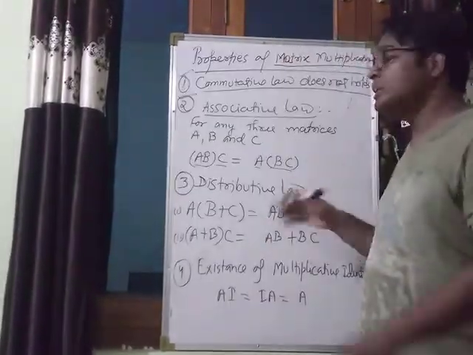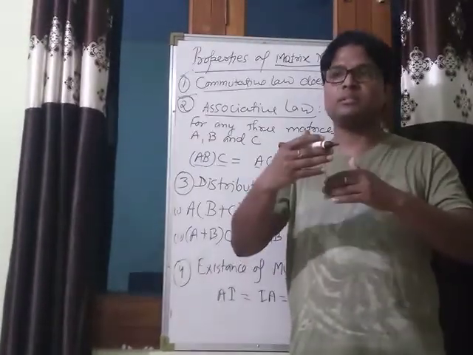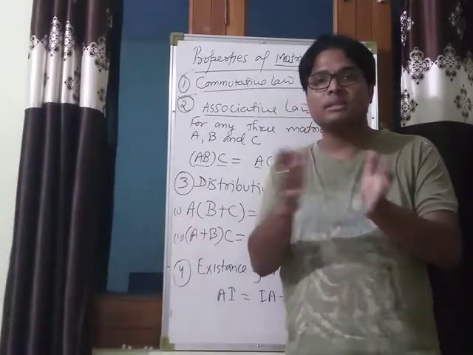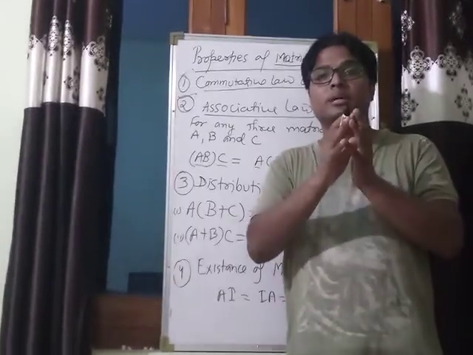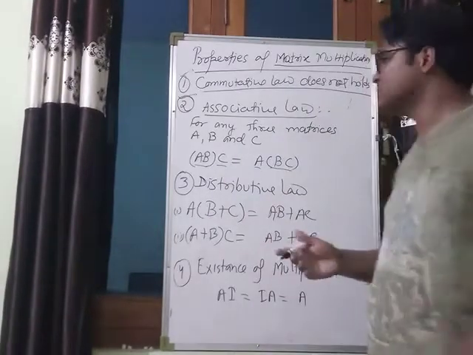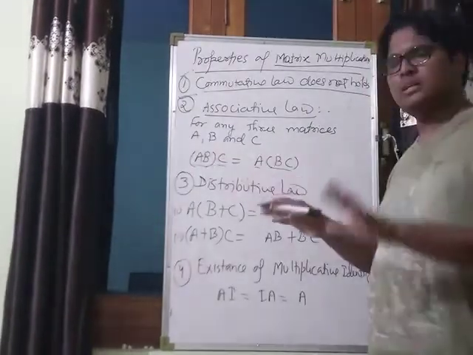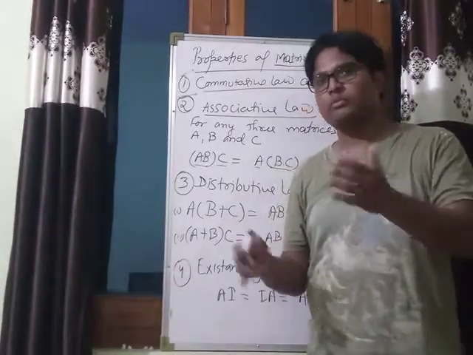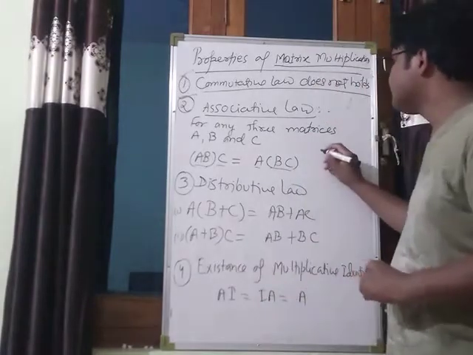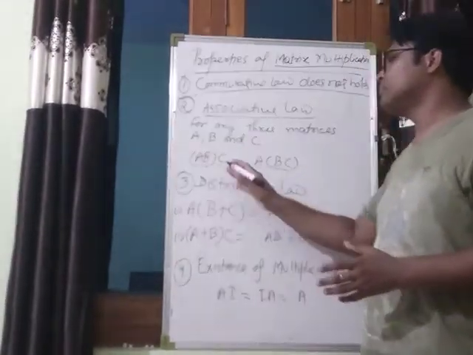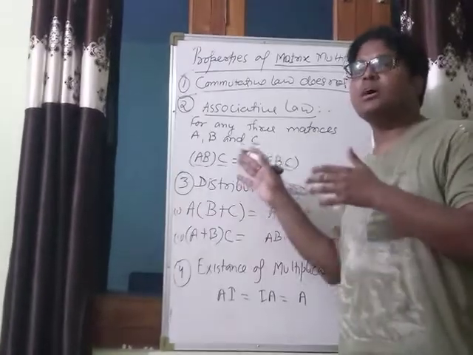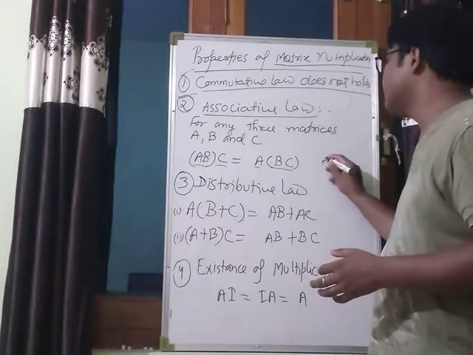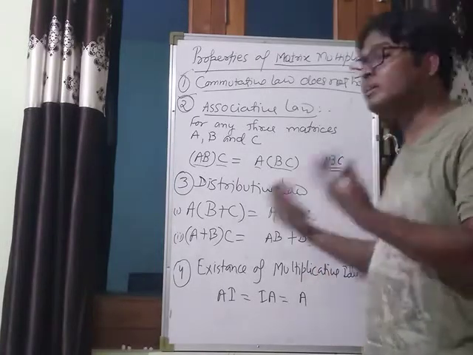Means if three matrices A, B, C have orders such that their product exists, then the associative law holds. I will give you some examples for verification of this. Clearly, because the associative law holds, we can write ABC without using brackets.